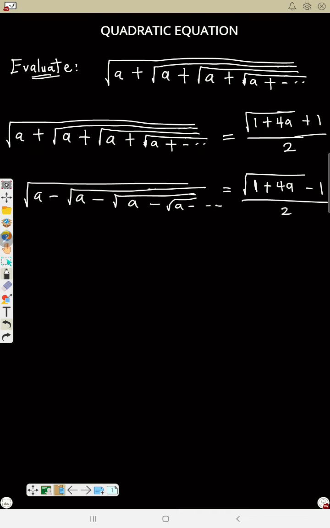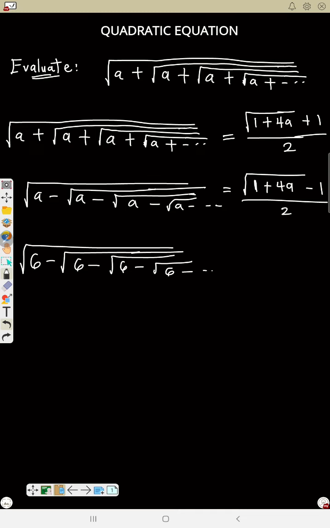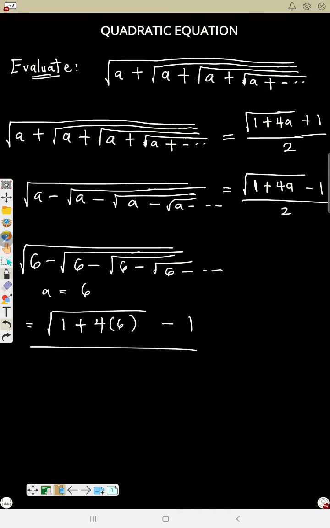So likewise, if I have the square root of 6 minus the square root of 6 minus the square root of 6 minus the square root of 6 minus, like that, then in this case a is still 6. Now substitute: this will be the square root of 1 plus 4 times 6, minus 1, divided by 2, because it is minus.